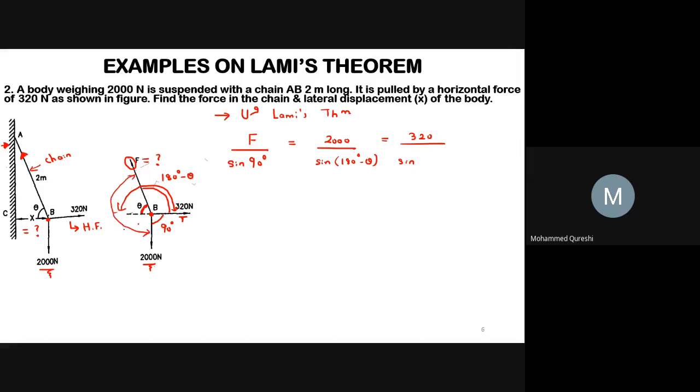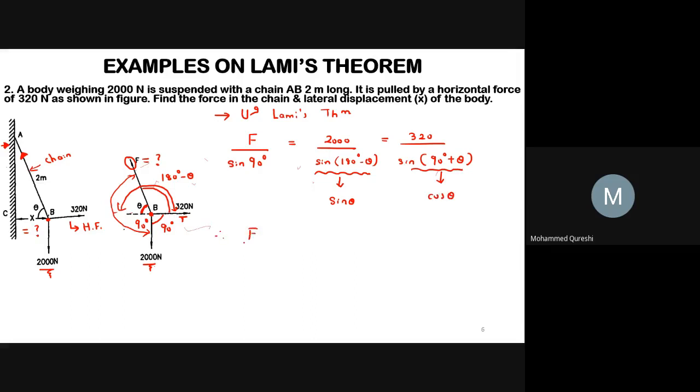Here theta is given and this angle is your 90 degree. So, here sine 90 degree plus theta. As we know that sine 180 minus theta is nothing but sine theta, and sine 90 plus theta is cos theta.